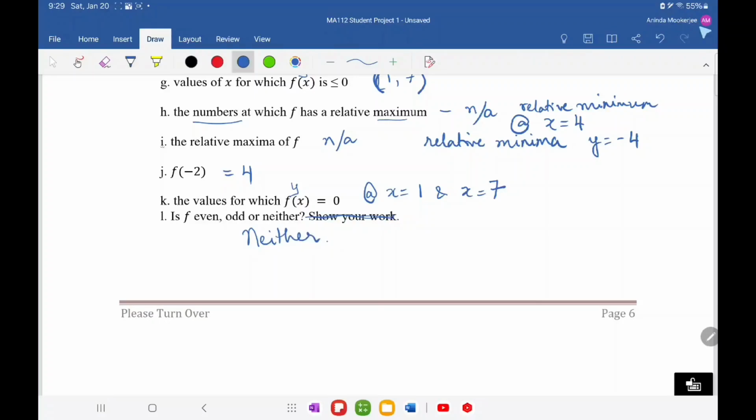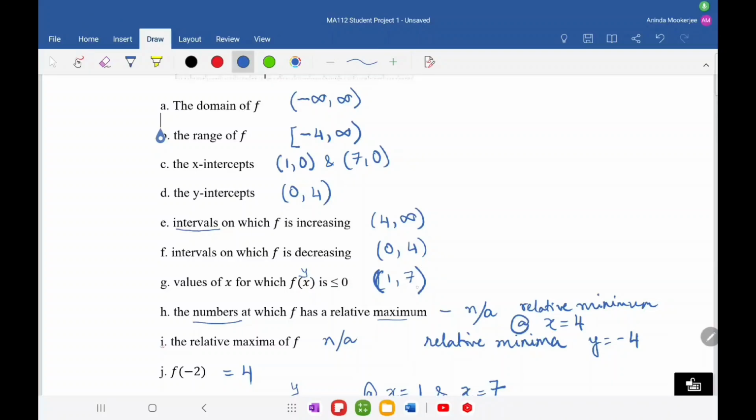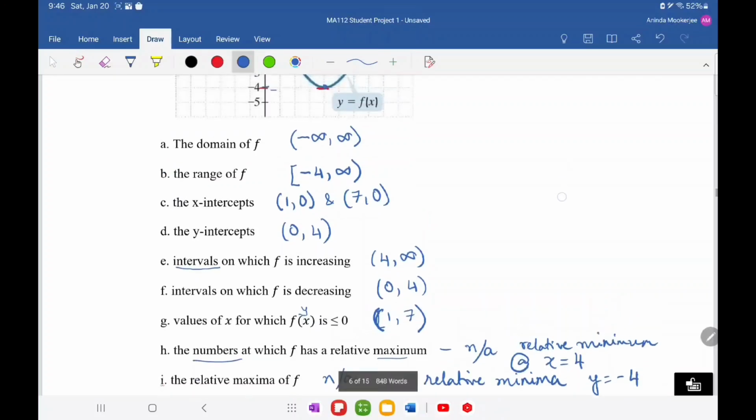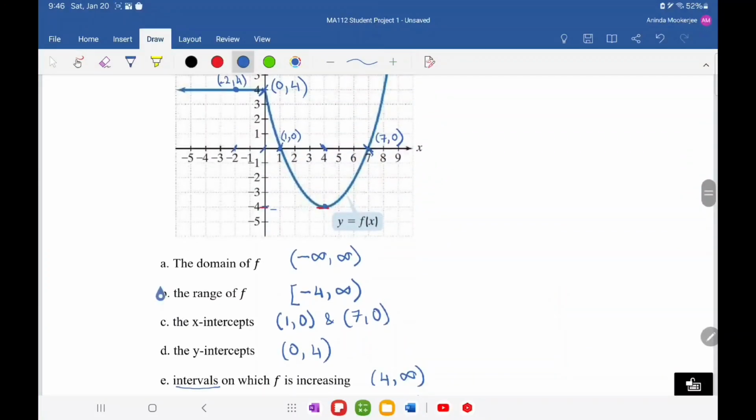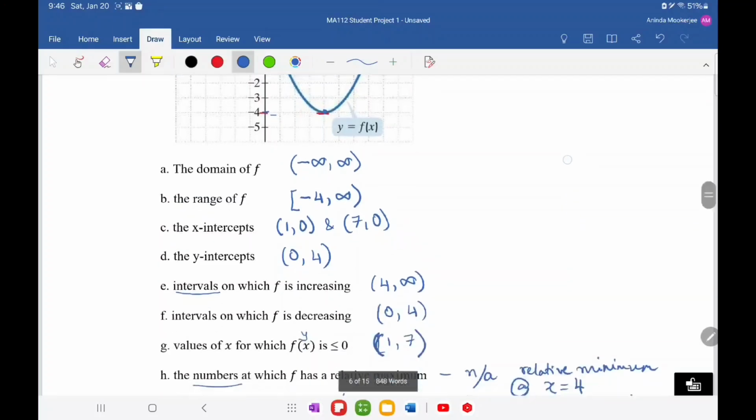Right? I just need to go and correct something on question G here. It says values of x for which y is less than or equal to 0. Now, I had misstated this. 1 comma 7 is correct, all right, because y values are 0 at the x-intercepts when x is 1 and x is 7.